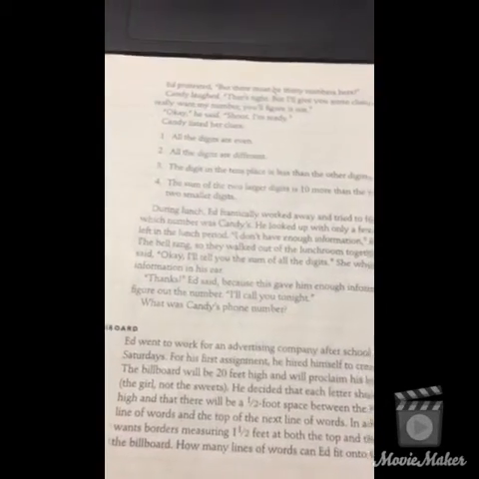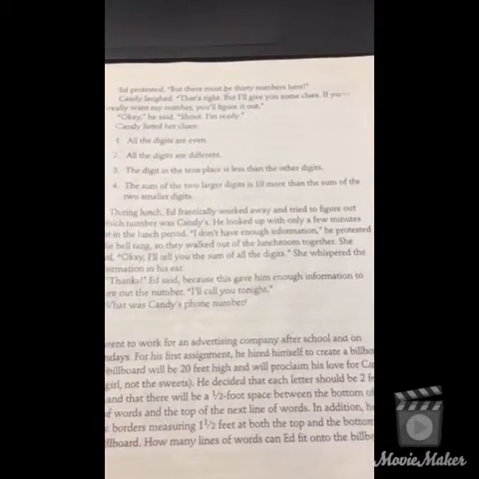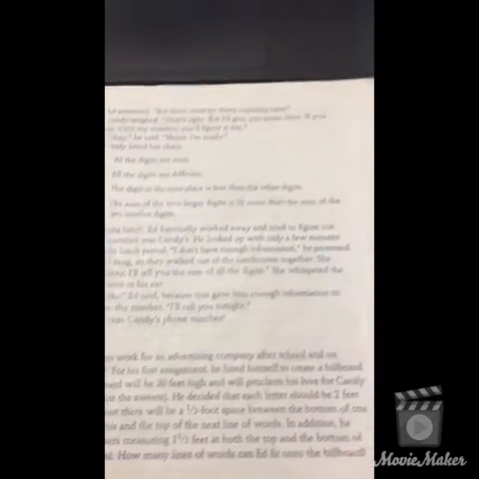Alright, and once that's complete, then you can go to the sum of the two larger digits is 10 more than the sum of the two smaller digits.